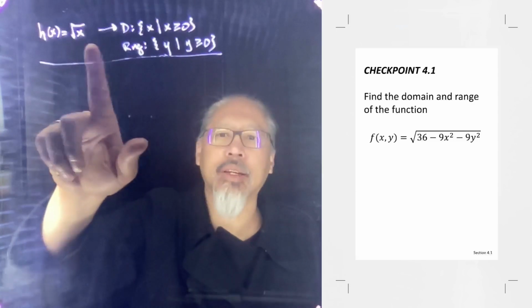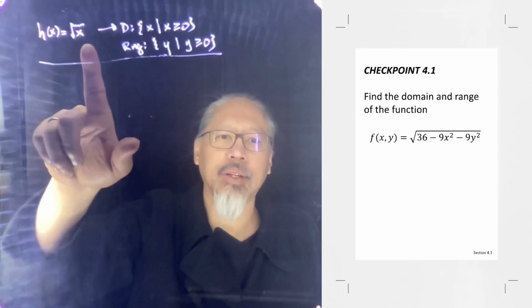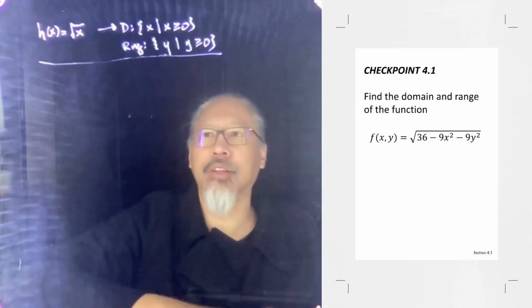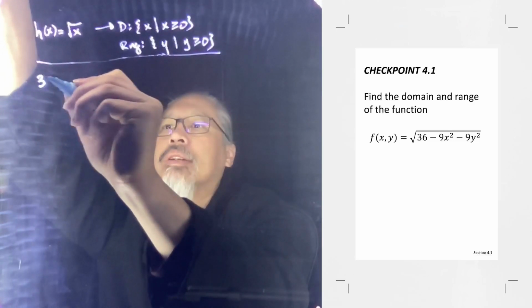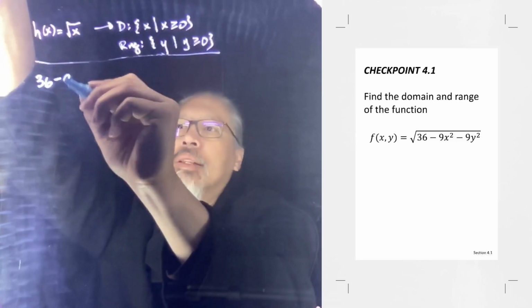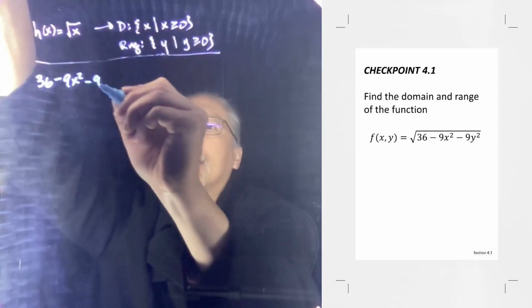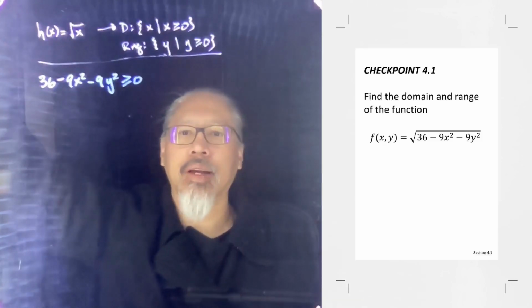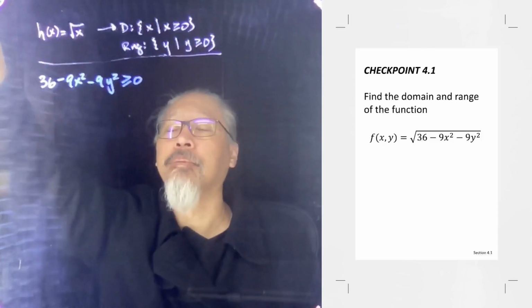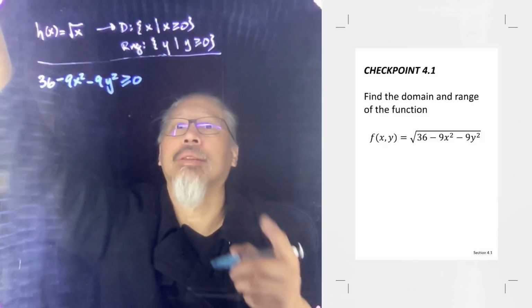Generally the inside of this function is going to be bigger than or equal to 0. So if we look at the function that we have, 36 minus 9x squared minus 9y squared is bigger than or equal to 0. That is going to be our setup for our domain.